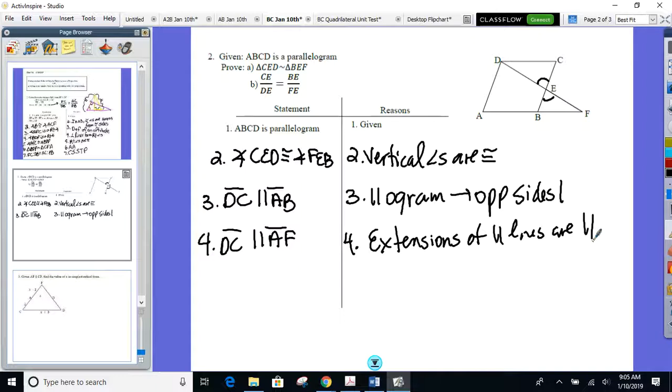F? Okay, he chose angle F and CDE. You could also do angle C and angle CEB. That's fine as well for the alternate interior. Just pick a pair. So angle F congruent to angle EDC. Parallel lines imply alternate interior angles congruent.